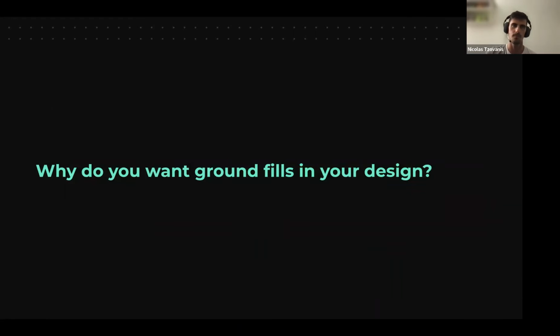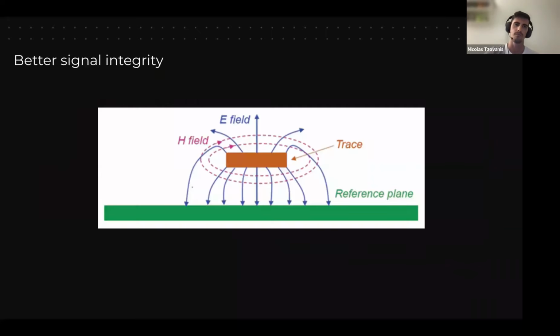So the first question is, why would you want a ground field in your design? There are three main aspects. The first two, signal integrity and power distribution, have to do with the same concept, which is the return path.